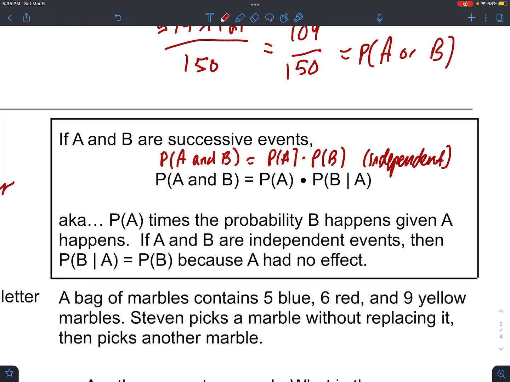And if it's dependent, we actually follow the next rule, which looks really scary, and I don't want you to worry about it right now. It's just saying that if you have dependent events, it's going to be the probability of A times the probability of B, given that A happens, because A has an effect.